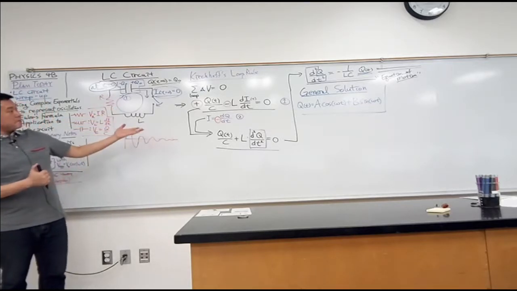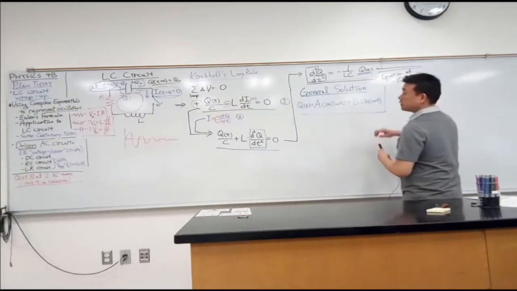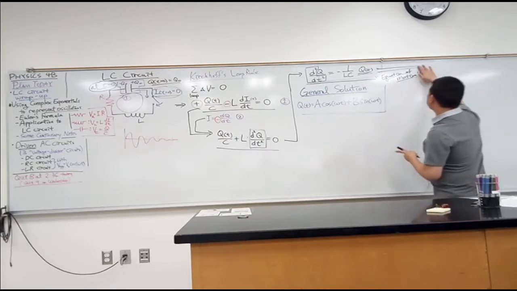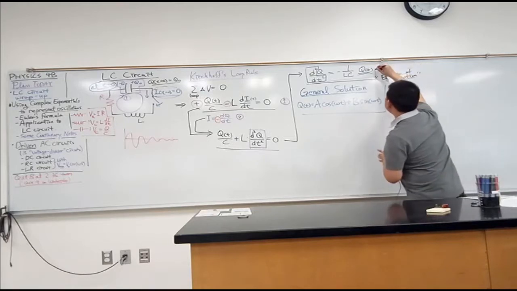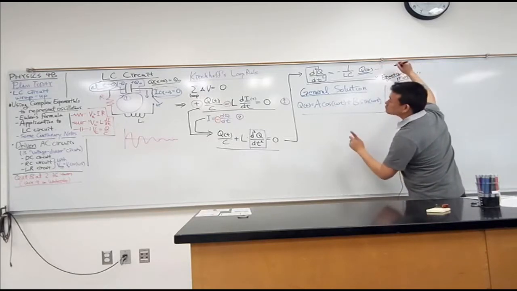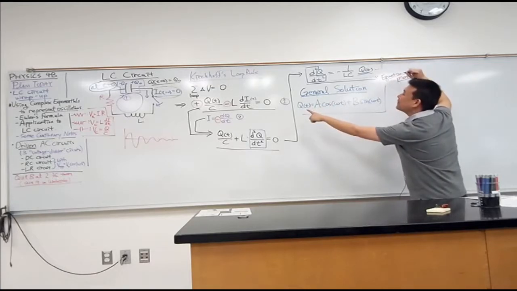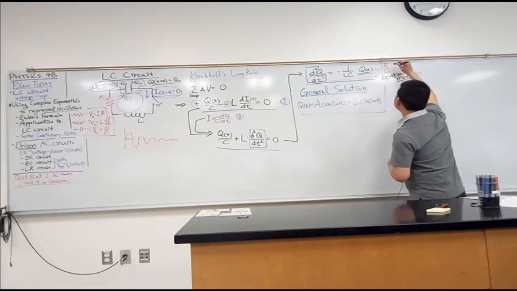And what that will end up is that when you go through all this, it should add a term that looks like minus, it's IR, so minus R over L dq dt.